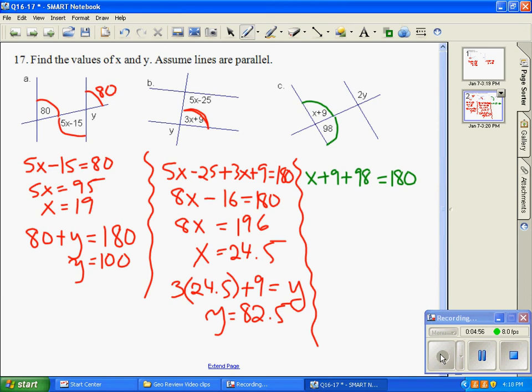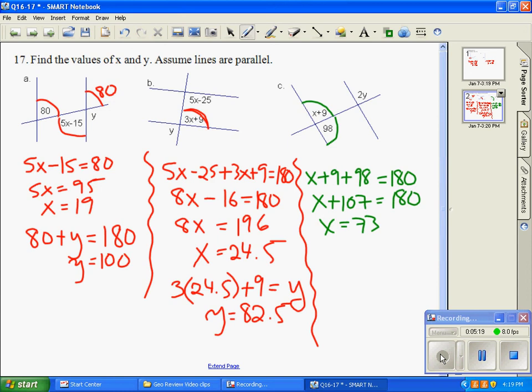Combine the like terms. So we have 9 and 98 is 107. So that's still equal to 180. Subtract 107 from both sides, which gives us x equals 73.